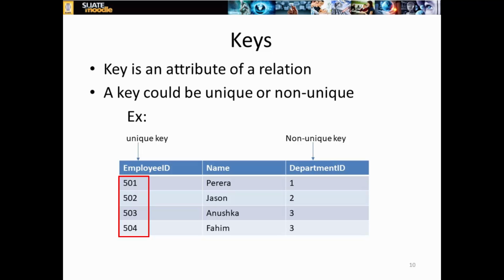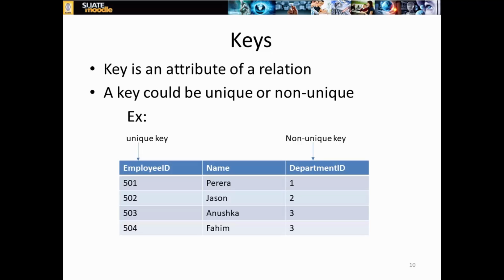That means that would be a unique key. On the other hand, more than one employee have a value of 3 for the department ID, and that would be a non-unique key.